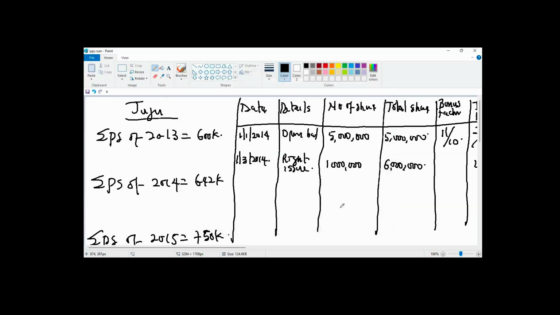Okay. For the Faith PSC, almost the same approach. He said we should calculate the earnings per share for the period 31st December 2004, 2005, and 2006.